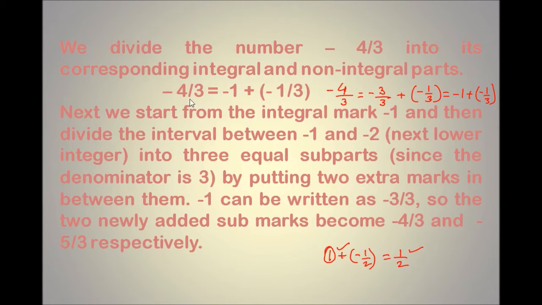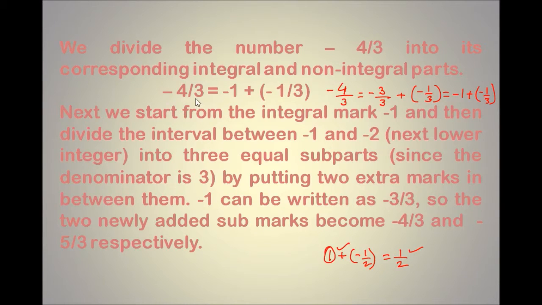So this minus 4 by 3 will be lying to the left hand side of minus 1, because the value of minus 4 by 3 is less than the value of minus 1. So it will be lying to the left hand side of this minus 1 integral mark. So we will be taking the next lower integer.